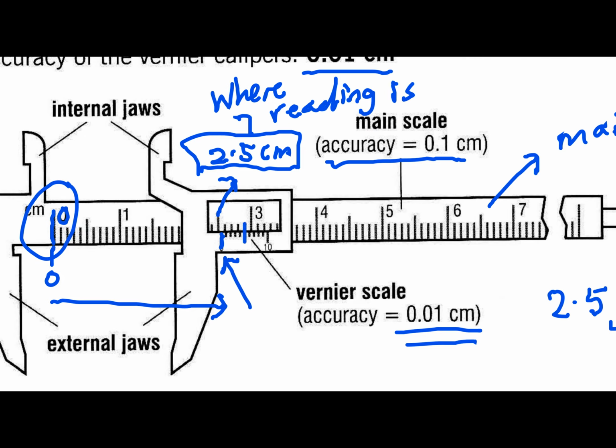Now, because the second decimal place comes from the vernier ruler, we obviously have to read the number from the vernier scale. And if we count the numbers, 1, 2, 3, 4, 5, this is number 5. So the second number for this measurement is also 5. So this measurement is 2.55 centimeters.